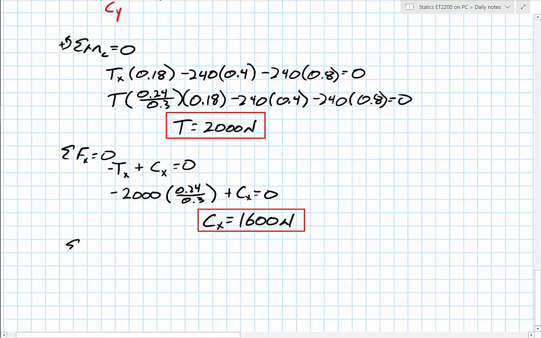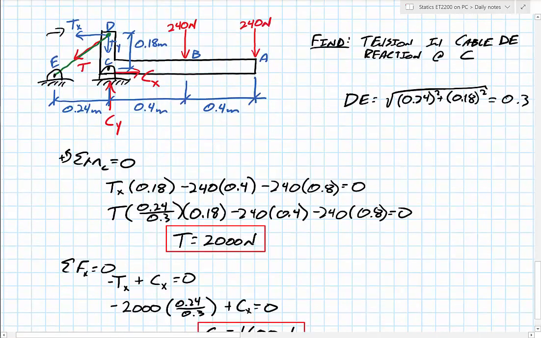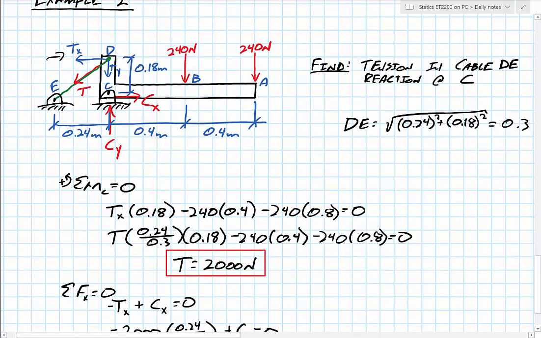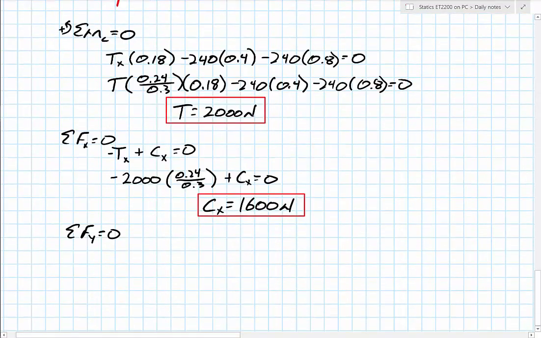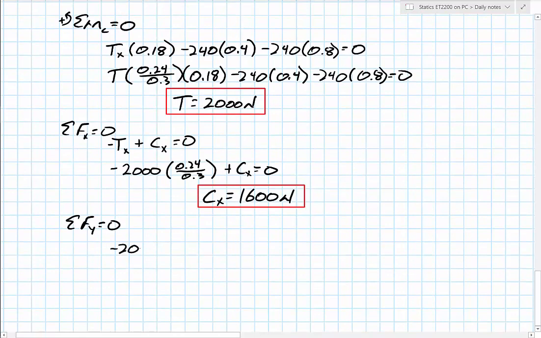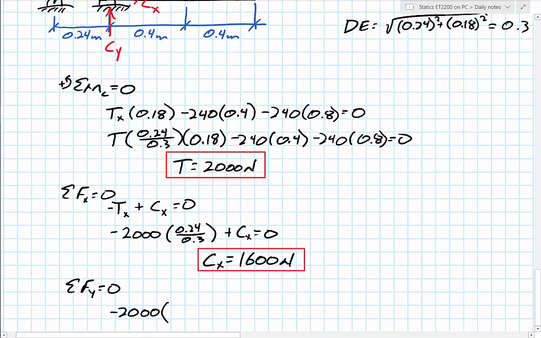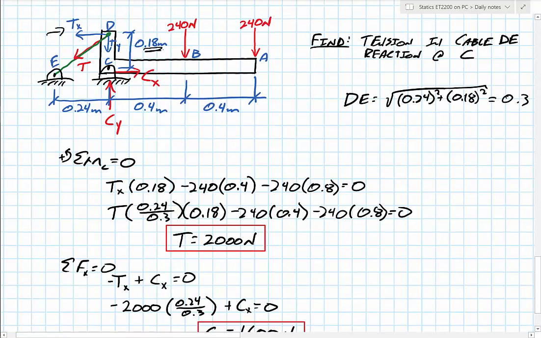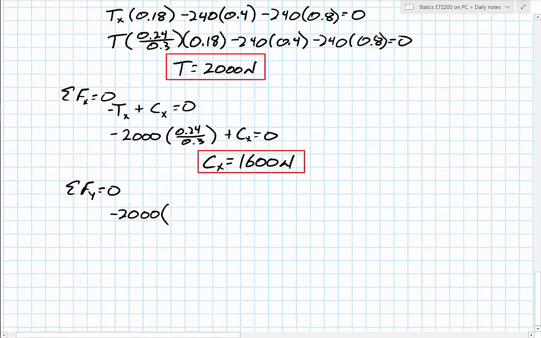Last but not least, we can use the sum of the forces in the y direction equal 0. In the y direction, once again, that tension is pointing down. The cable is pulling down. So I have a negative 2,000. And for the y component, I'm looking at my y distance of 0.18 over the hypotenuse of 0.3.